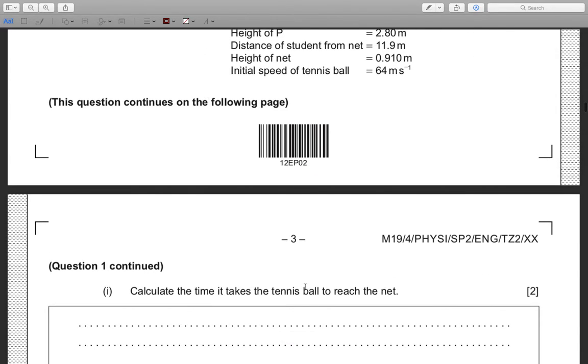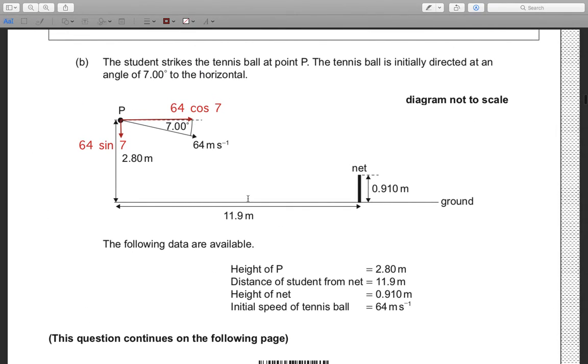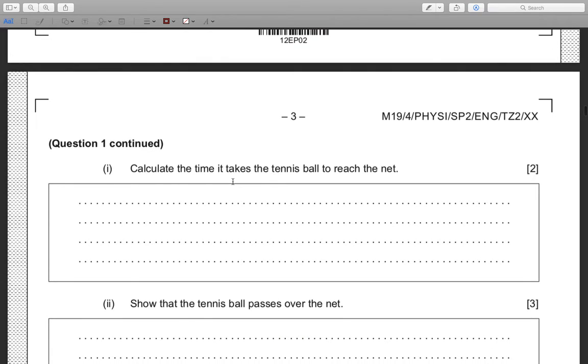Now that we know the velocity vectors in the x and y directions, we go to the question about the time until it reaches the net. We have the distance here, 11.9. In the x direction, because there is no acceleration, the distance equals velocity times time.